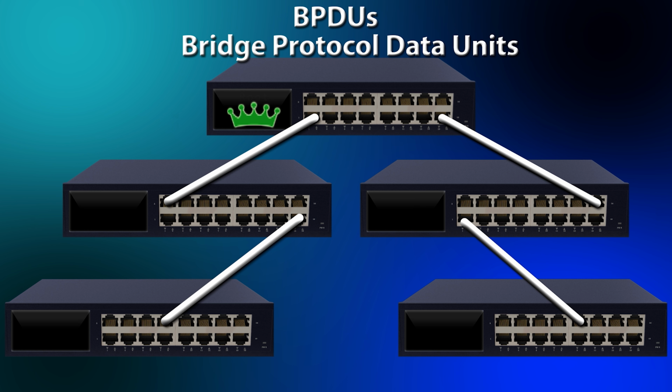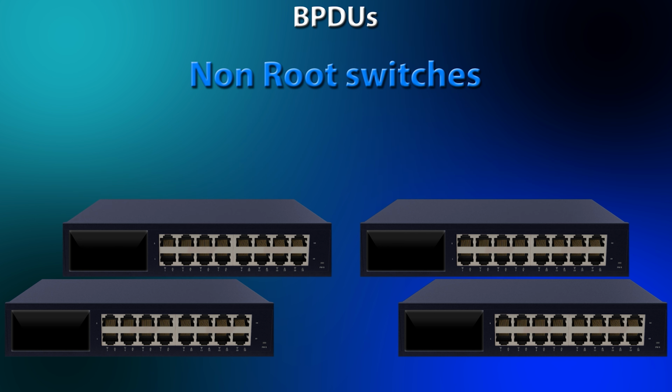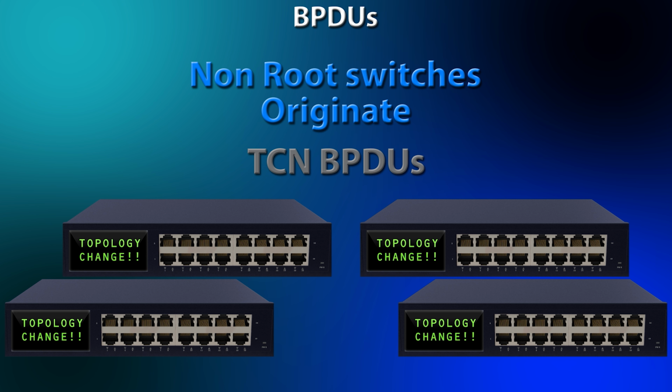So the result is configuration BPDUs flow down from the root step by step until they reach every switch in the network. But don't worry, non-root switches get their own exclusive job too. They're the only ones that can originate topology change notification BPDUs, the other kind of BPDU.